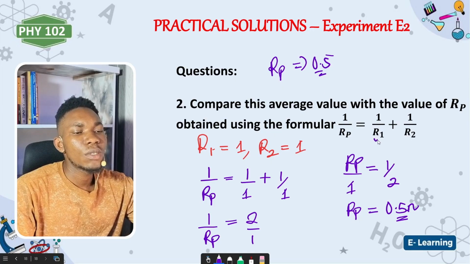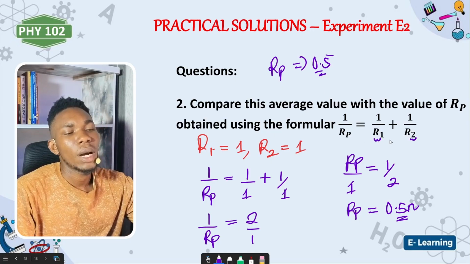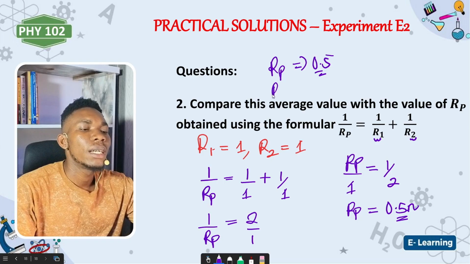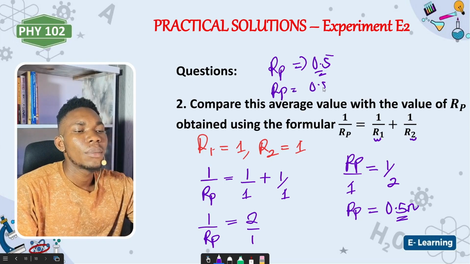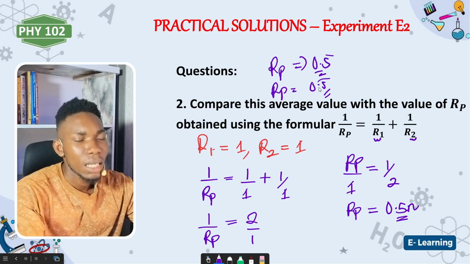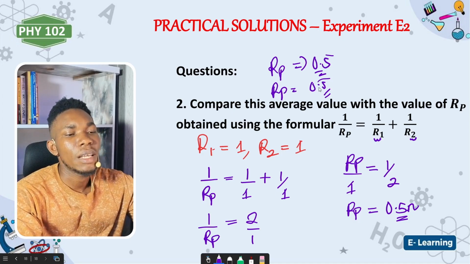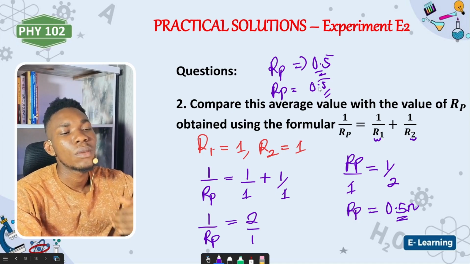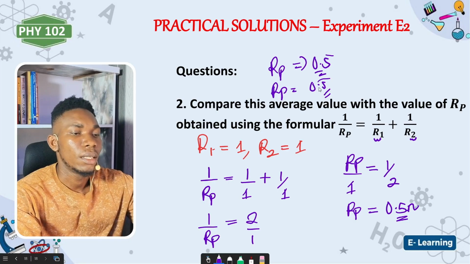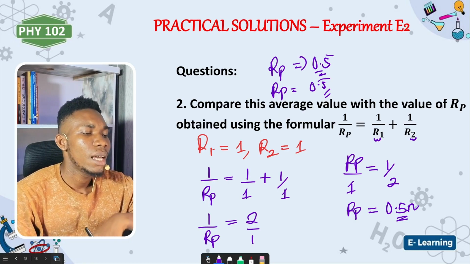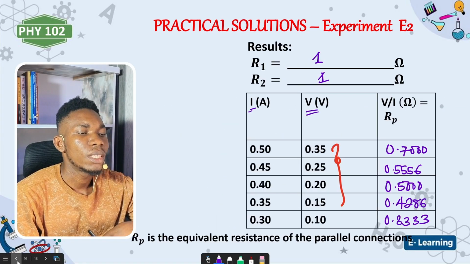Then given the resistors R1 and R2 as 1 and 1, the RP also calculated was also what? 0.5, which also states that it is in accordance. The experimental value is in accordance with what you are expecting theoretically. Is that okay? So that's basically everything you need to know for this practical.